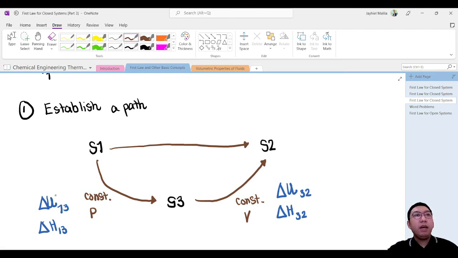So if I sum up the delta U13 and delta U32, I get the same answer of delta U12. The sum of delta U13 and delta U32 is equal to the delta U of 12.